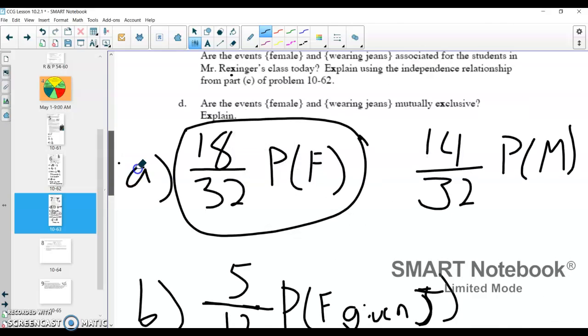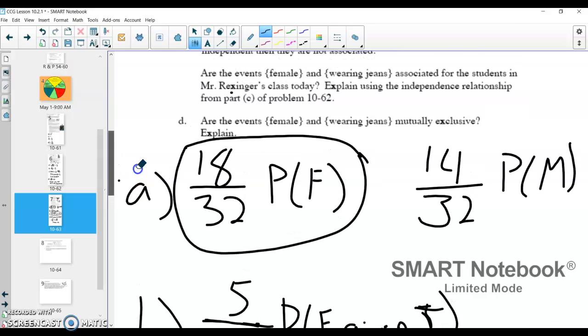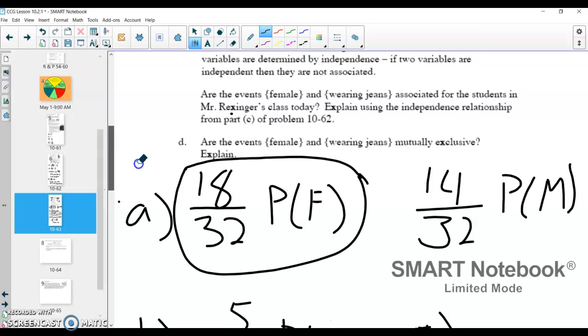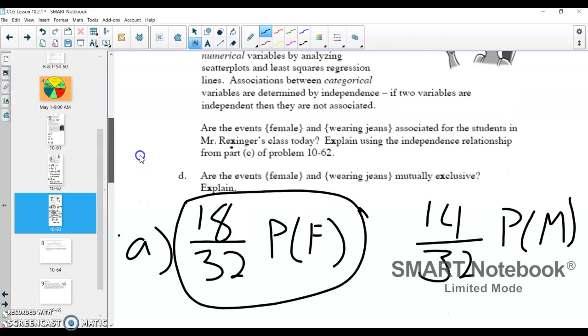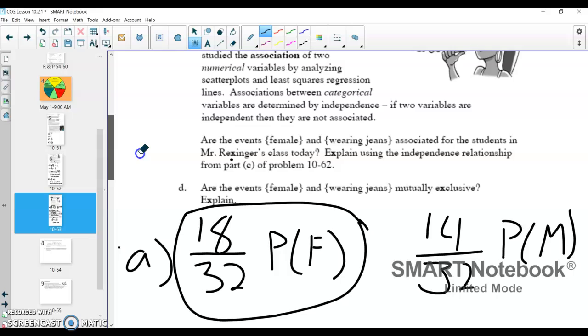All right, and so the last part here, it says, are the events female and wearing jeans mutually exclusive? Meaning that both of those things happening together, does that equal a probability of 0? And we'll investigate that.